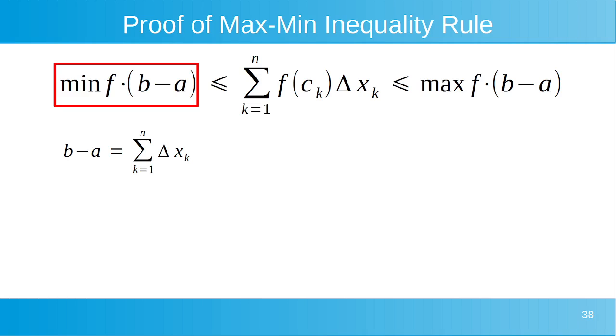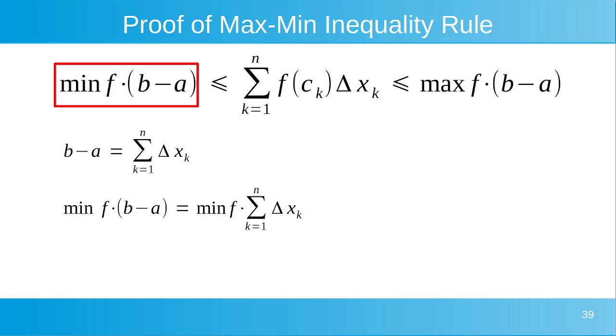So for the first part of our inequality, we have min f times b minus a, and we also have that b minus a can be written as the sum from k equals 1 to n of delta xk. So we can express min f times b minus a as being equal to min f times the sum from k equals 1 to n of delta xk.